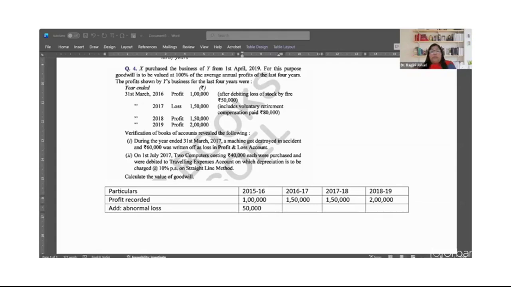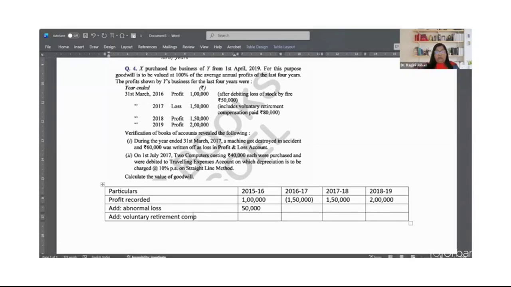So this is also added, for voluntary retirement compensation. This is added here, that is 80,000.